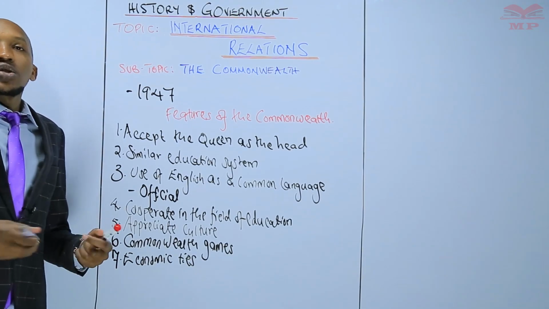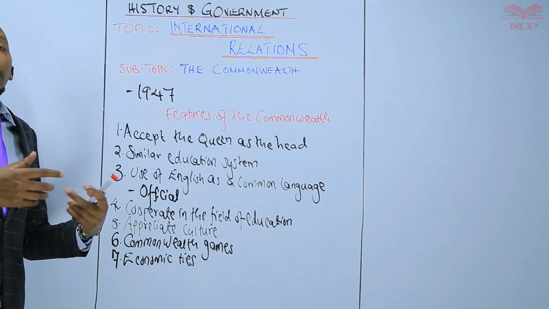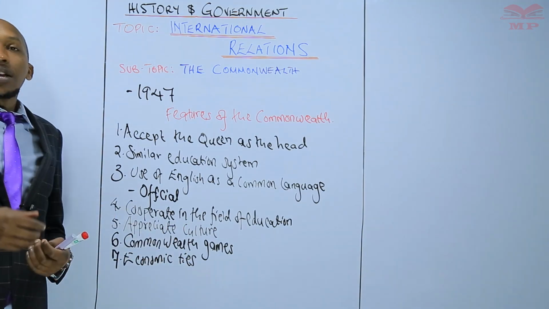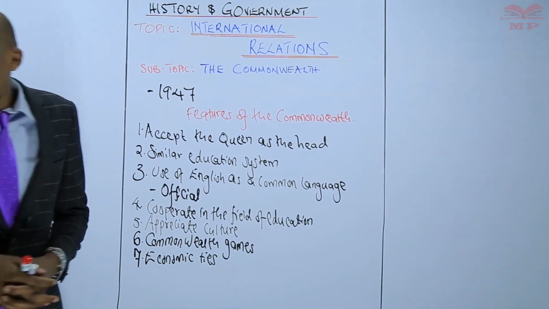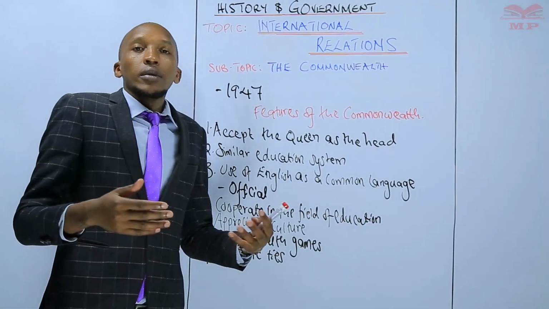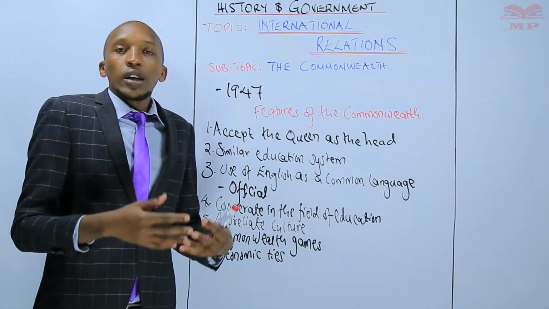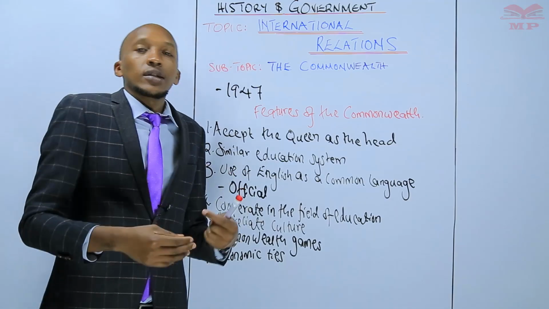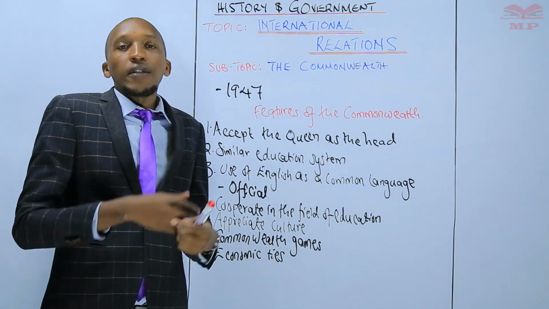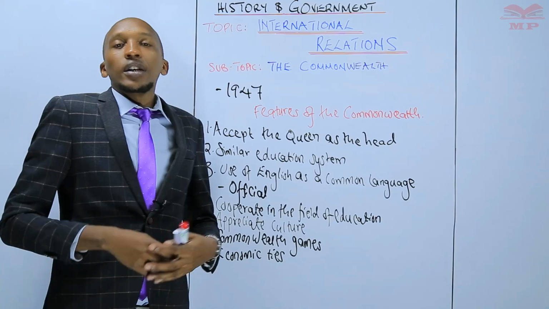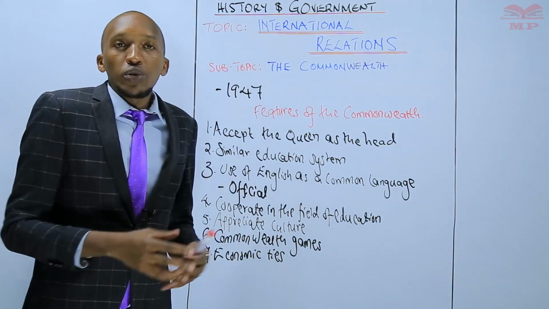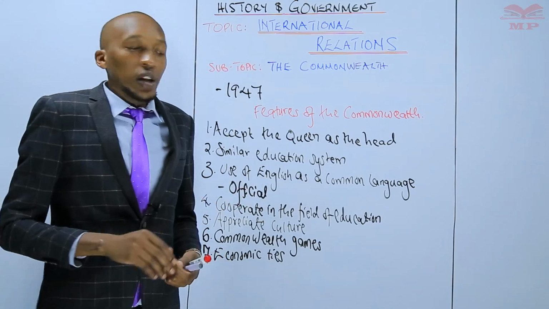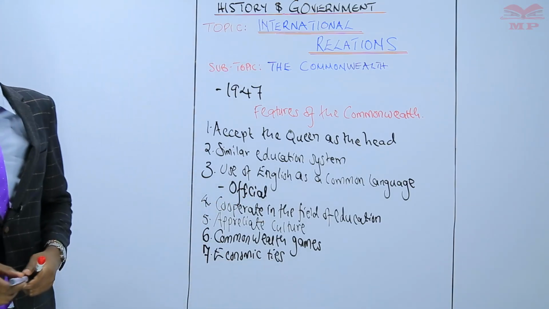In case there is a nation that is struggling, the more developed countries are able to come together and aid these poor nations. They also help in trading activities. Countries in the Commonwealth have relaxed restrictions. They have free trade amongst themselves. They agree that members of the Commonwealth are able to trade freely in the Commonwealth area. That is about economic ties.